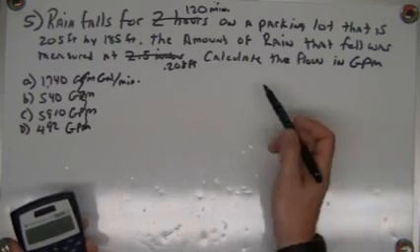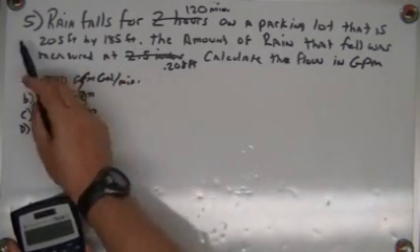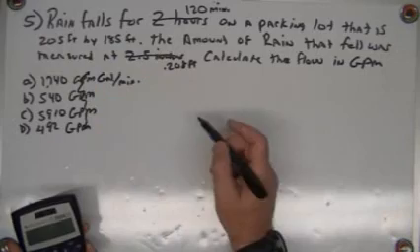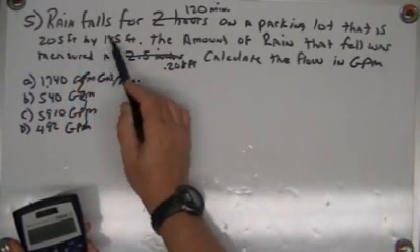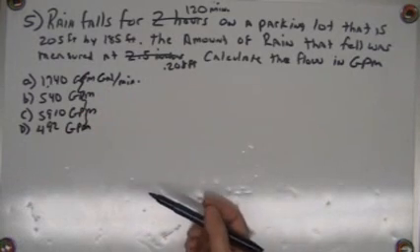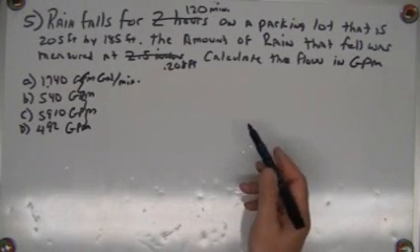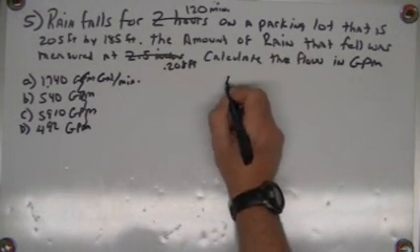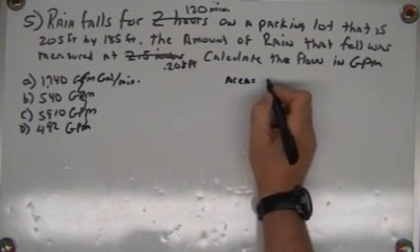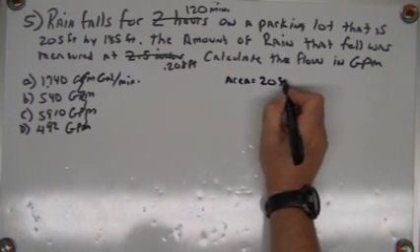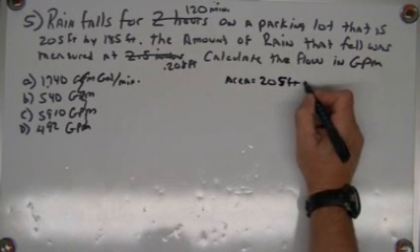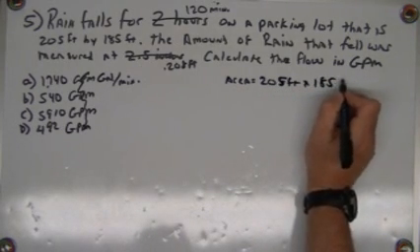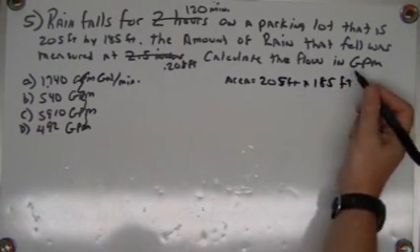Then I'm going to figure out the area of the parking lot. It's going to be a square parking lot because it says 205 by 185, and plus they don't normally make parking lots round. So area equals 205 feet by 185 feet.